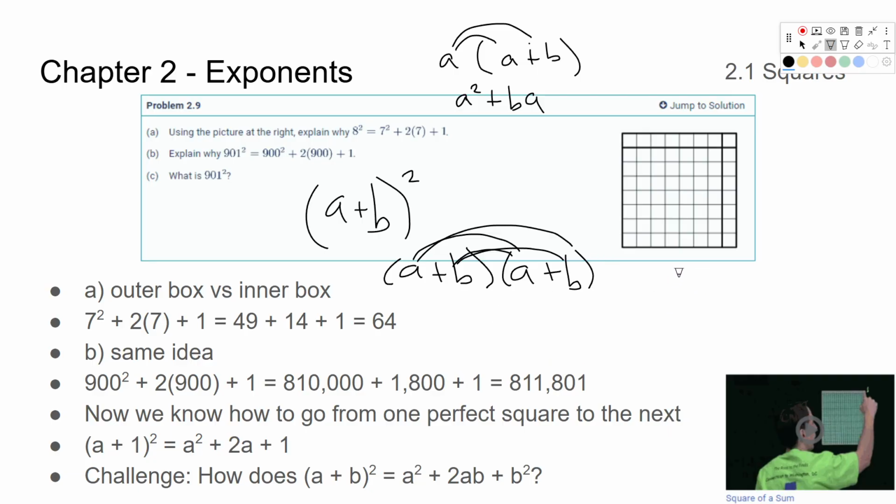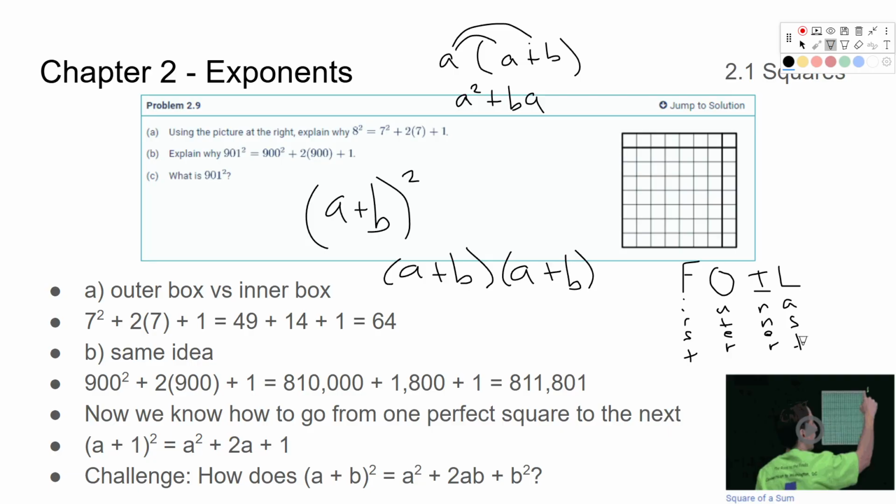You might have seen the acronym FOIL. This is what I've always liked to use to make sure I don't forget anything, because there are always 4 steps here and you can't forget any of them. So let me erase these lines here. This stands for first, outer, inner, last.